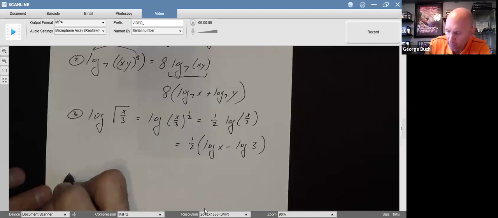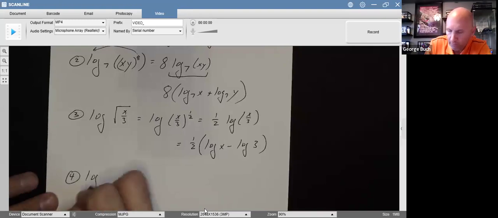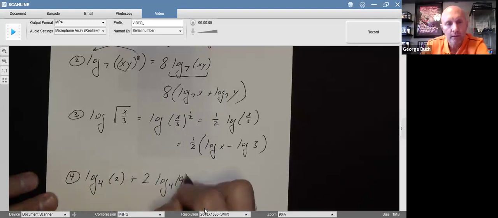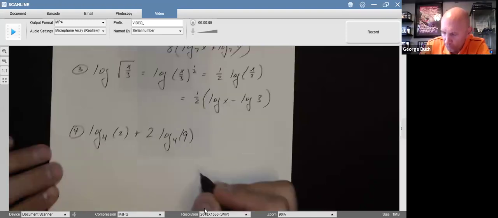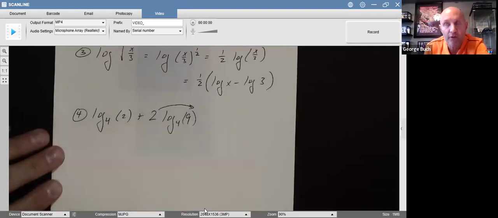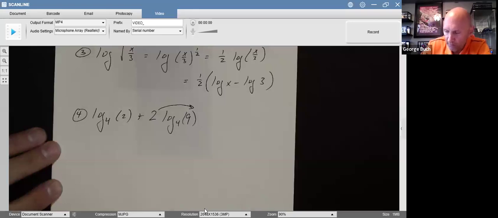And then what if we want to combine? So what if I have log base 4 of 2 plus 2 log base 4 of 9? Well, for this second one, the first thing I need to do is use my exponent rule, the exponent law number 3, and take this up to the top.